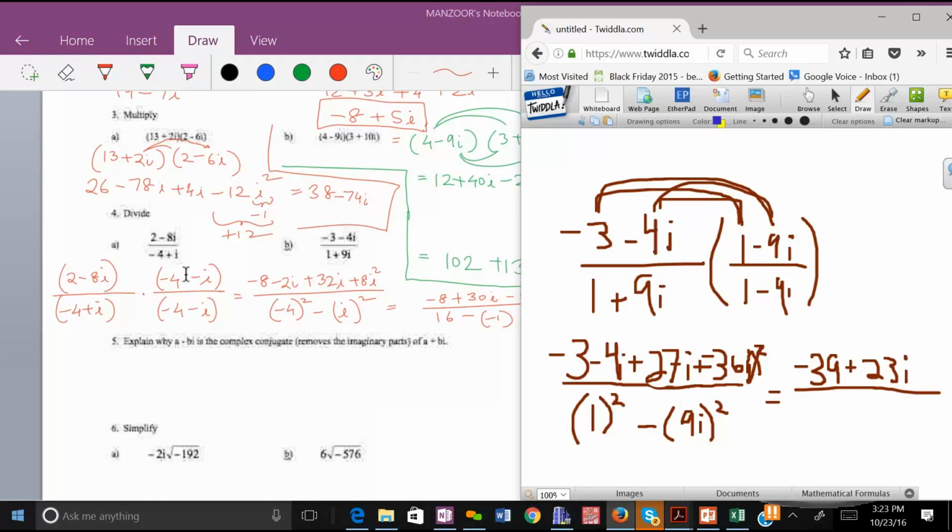And then you do, it's 1 plus. Plus, you're right. So that would equal 81i.